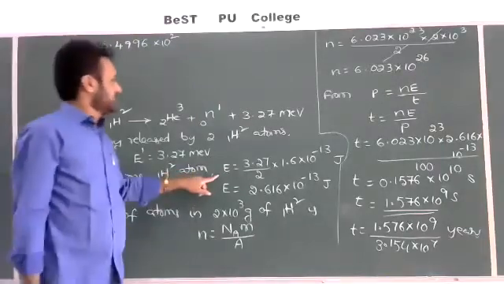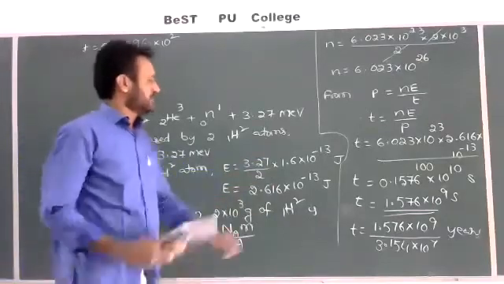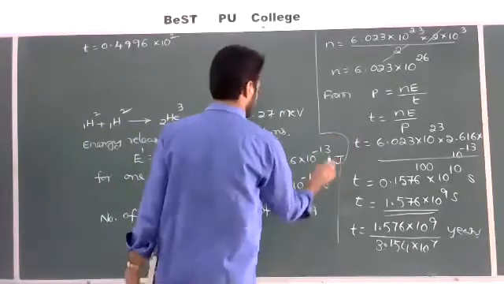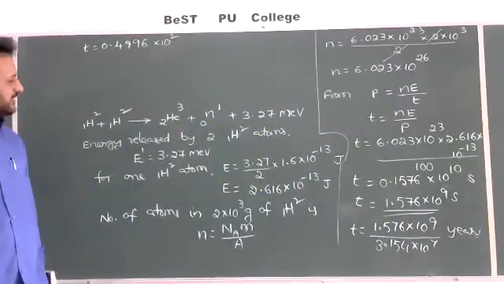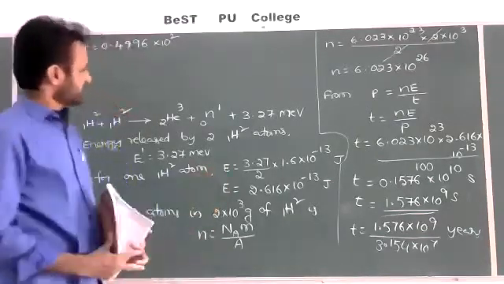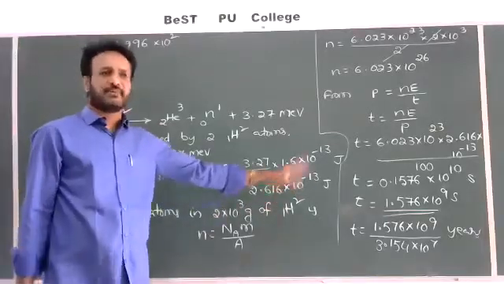Your energy, 3.27 by 2, sorry, 1 second. Here you should write 10 power minus 13, MeV means 1.6 into 10 power minus 13, so 2.616 into 10 power minus 13. This value is correct? Energy 2.616 into 10 power minus 13.